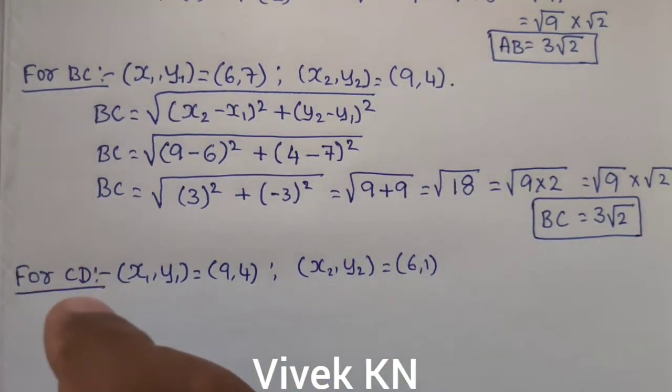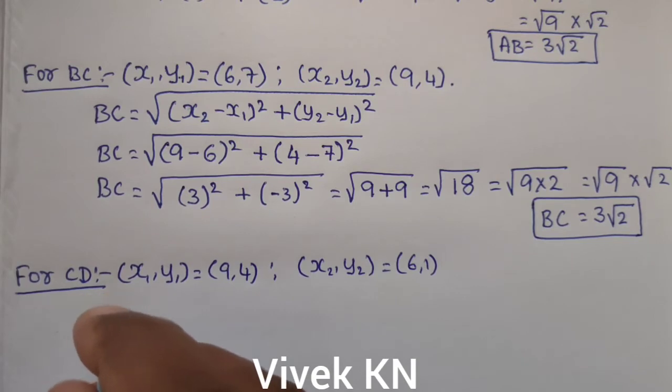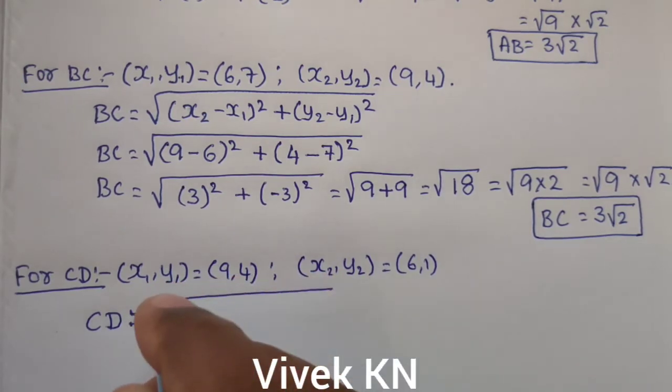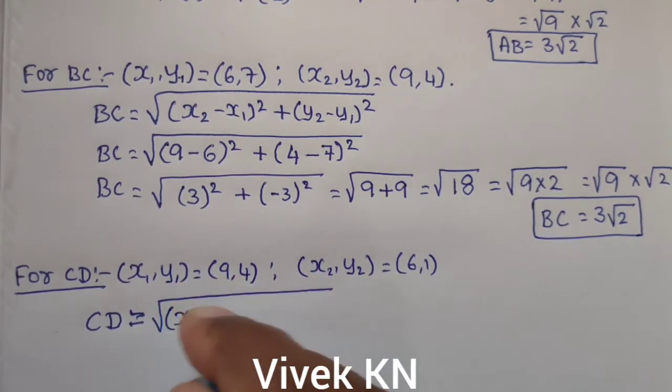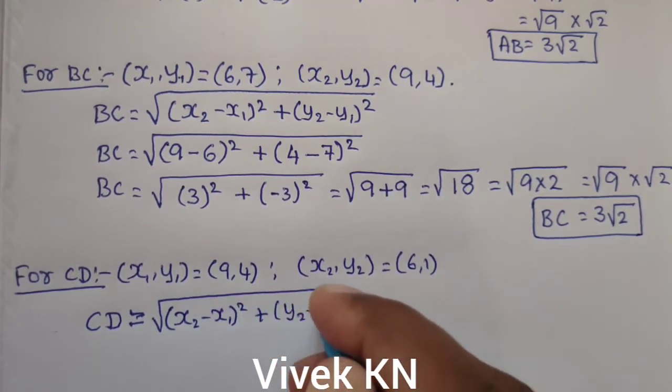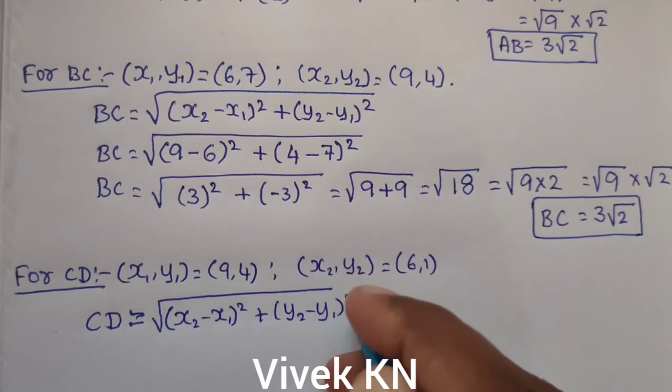Now we have to calculate the distance between the points CD by using distance formula, which is given by under root of x2 minus x1 whole square plus y2 minus y1 whole square.